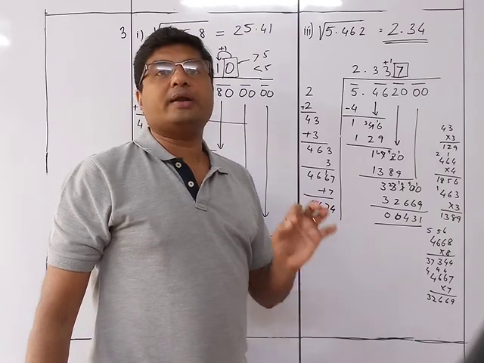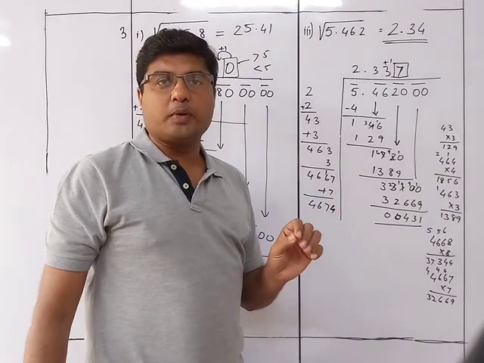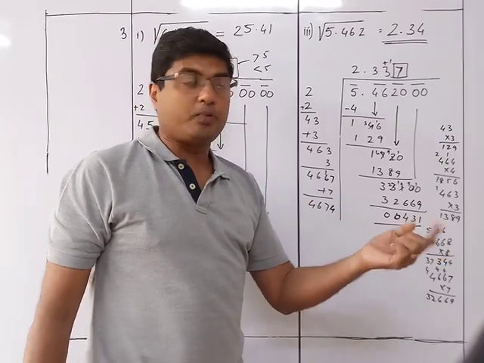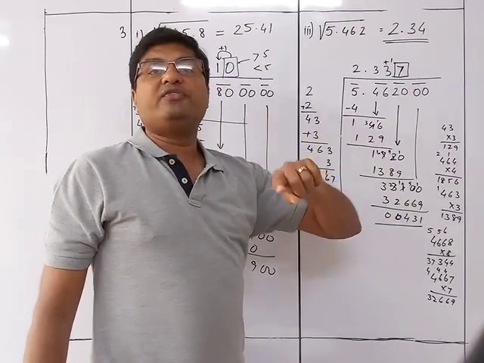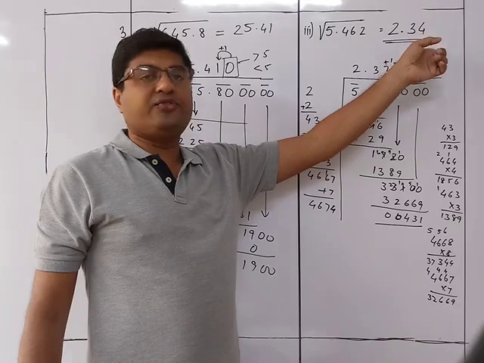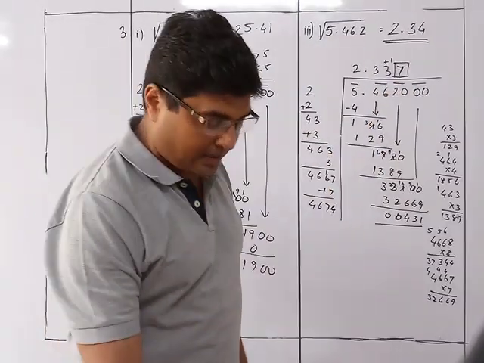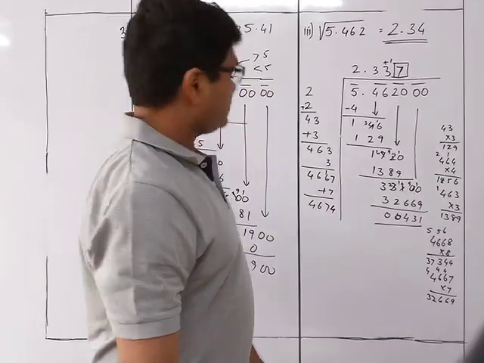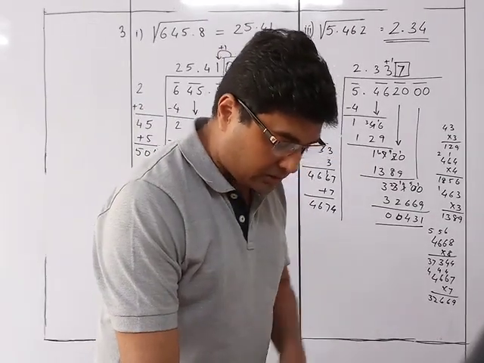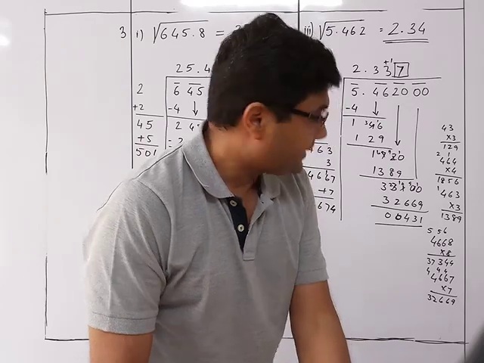But because I want a more accurate answer in 2 decimal points, I go for the third decimal point and find out what the value is. If it is greater than 5, it becomes 2.34. If it had been less than 5, it would have been 2.33. So accordingly, the question number 3, third part, that is the square root of 5.462, is 2.34.